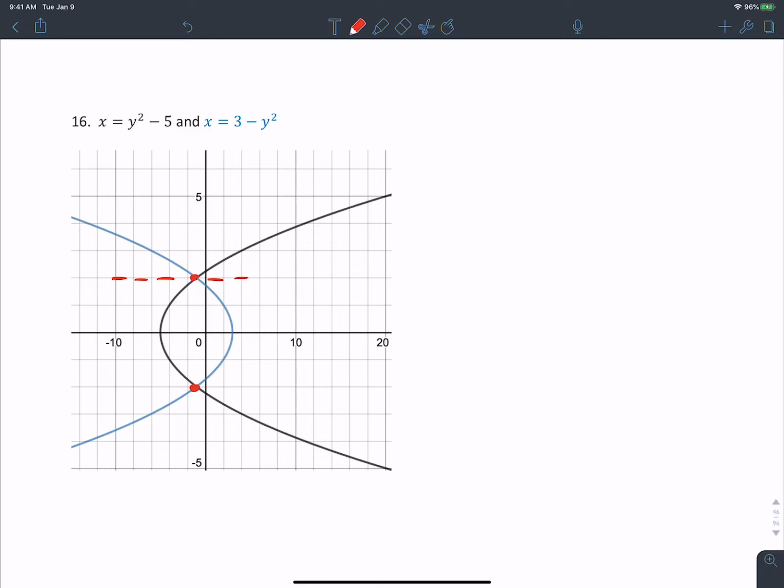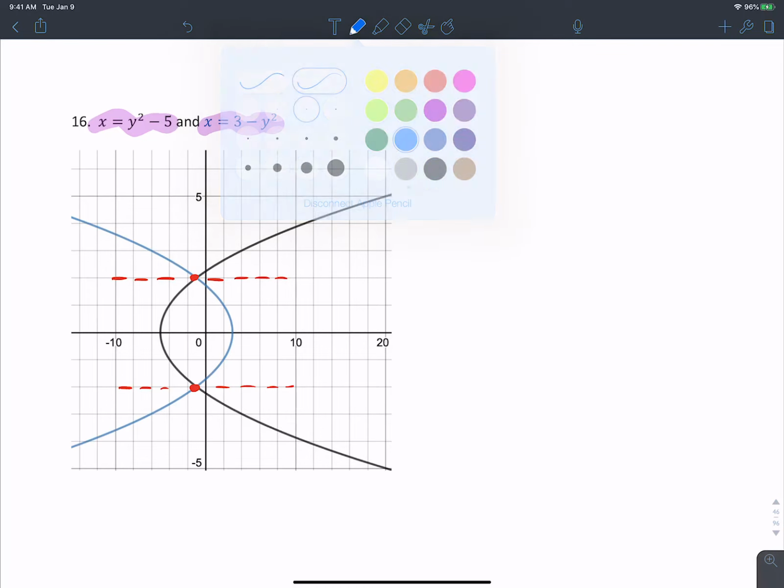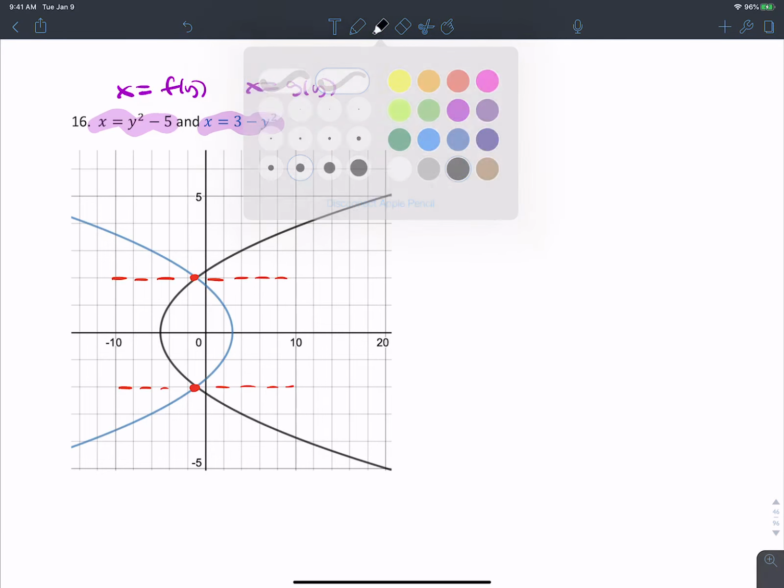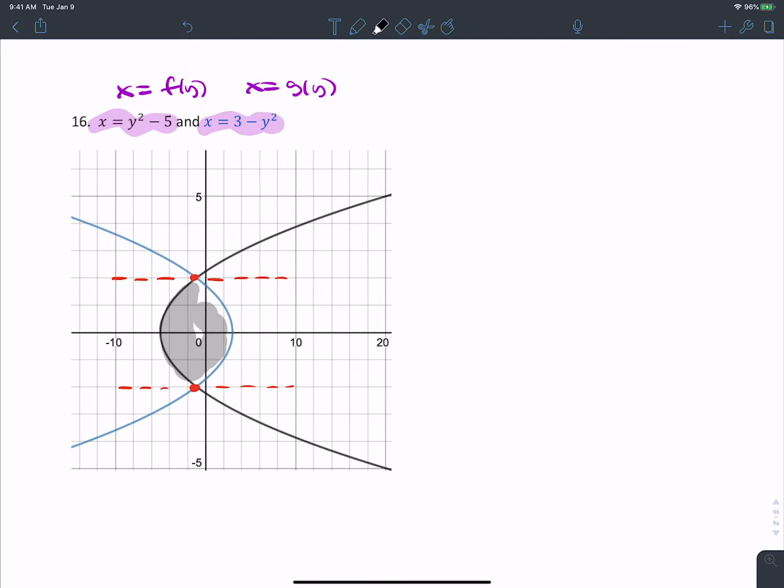If you take a close look at the curve and the graph, because you're given x equals one function, x equals another function. So x is some function f of y, x is some function g of y again. You want the bounded area. You need this here.